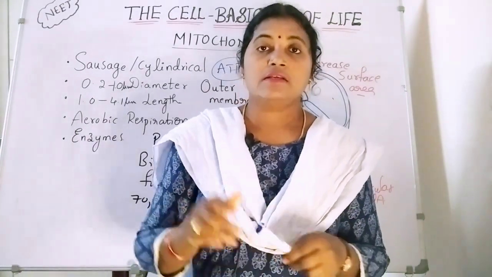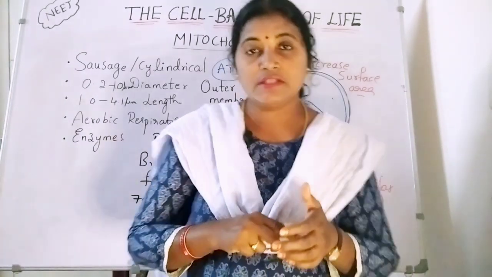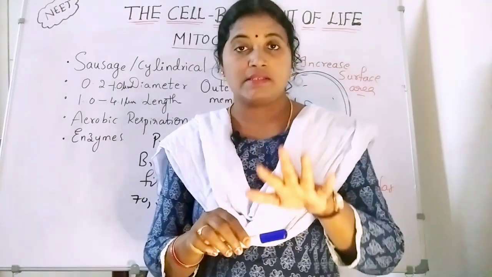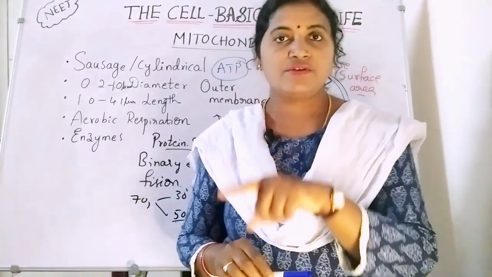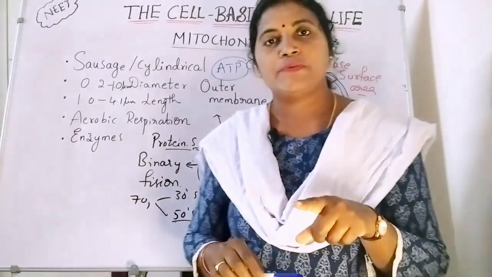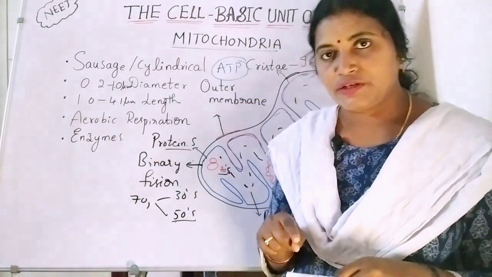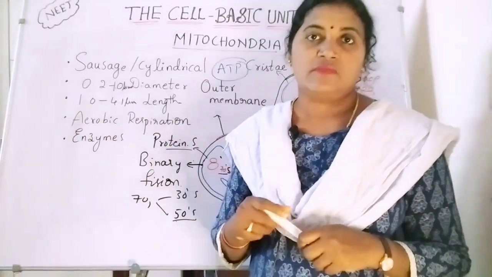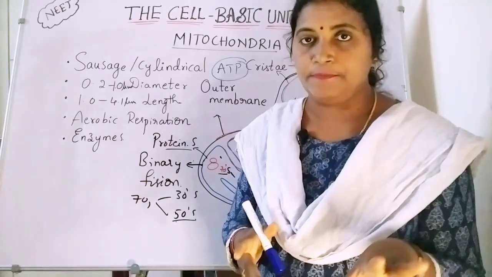This takes place in aerobic respiration. What is aerobic respiration? Respiration that takes place in the presence of oxygen is known as aerobic respiration. Aerobic respiration in the cell takes place in the mitochondria. That's why mitochondria is also known as the powerhouse of the cell.